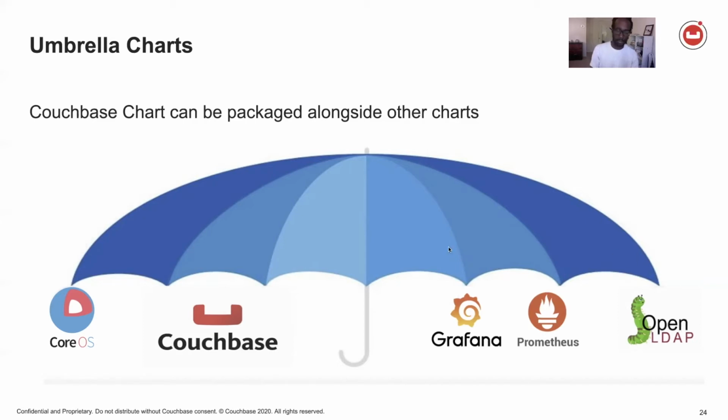And OpenLDAP, where you can install a Couchbase cluster and install OpenLDAP, and then automatically have your cluster configured for external user authentication. And of course, you can install all of these at the same time if you really wanted to, and add in other things that are not even a part of this as well.